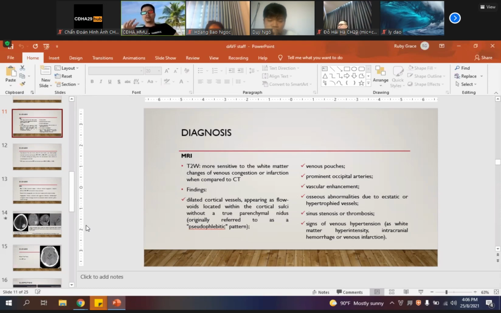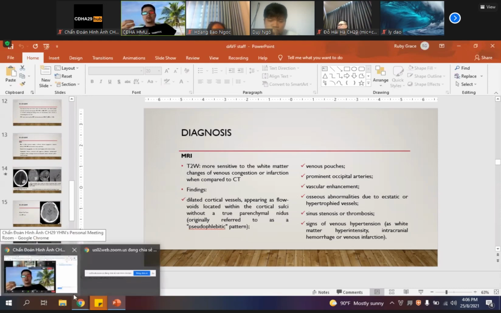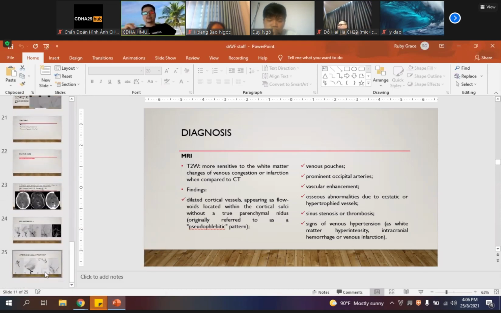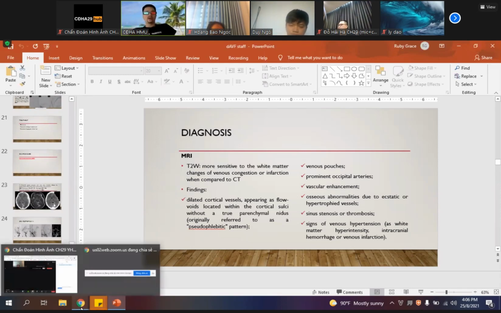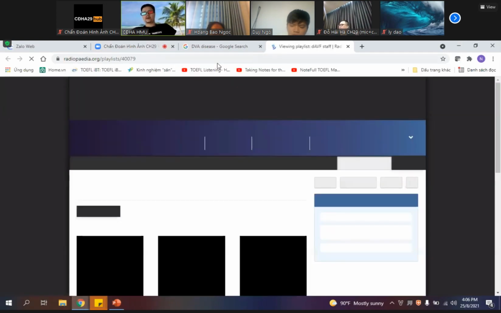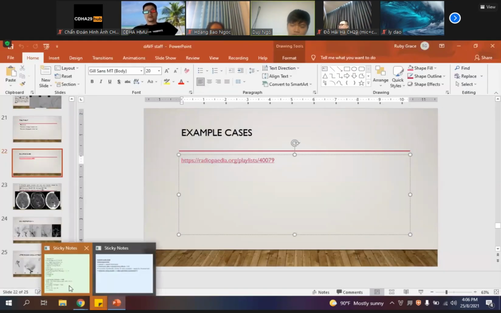That's the reason why, if you have a young patient with lobar hemorrhage and no parenchymal lesion, but you still see a dilated vessel, for example a vein or feeding artery, you should think of dAVF, and you can request DSA for definitive diagnosis. Is this okay, Ngô?